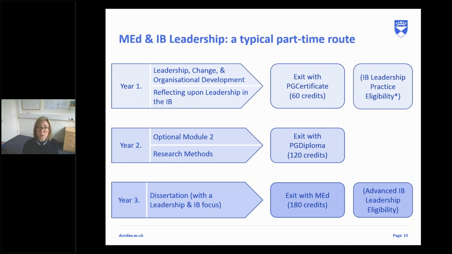If you want to go on to the advanced leadership route, then you will have to undertake optional module 2 plus the research methods to obtain that diploma status, and then the final year, the dissertation, must have not just the IB focus but also a leadership focus as the subject areas, and that will lead you to eligibility for the Advanced IB Leadership Award.